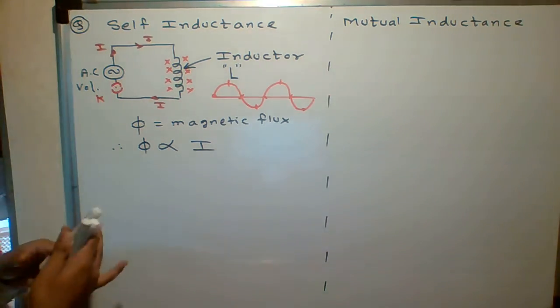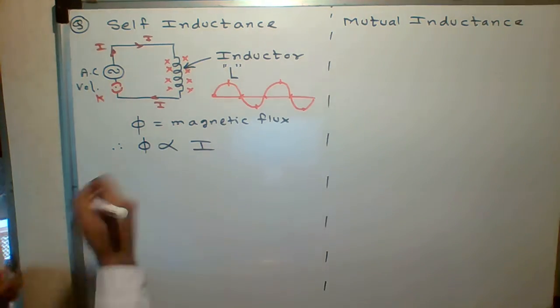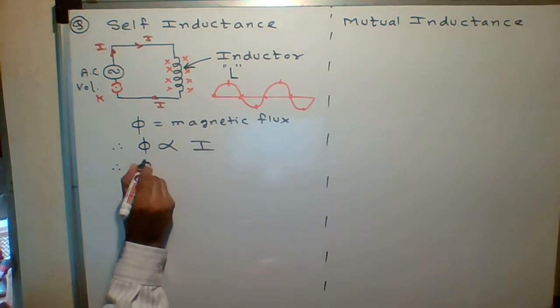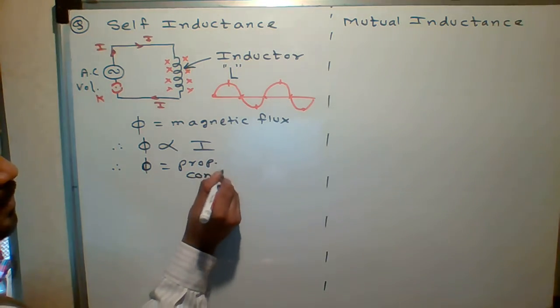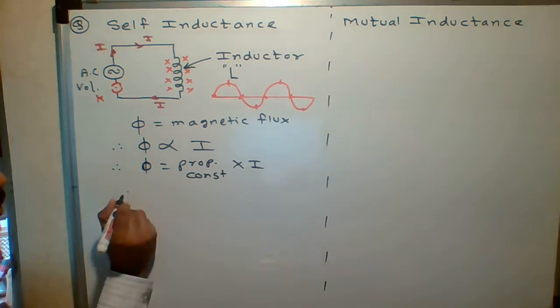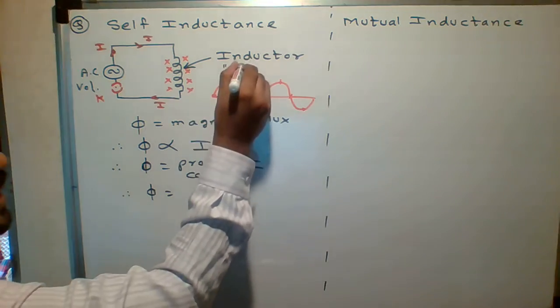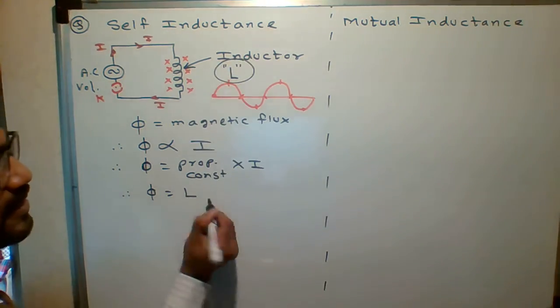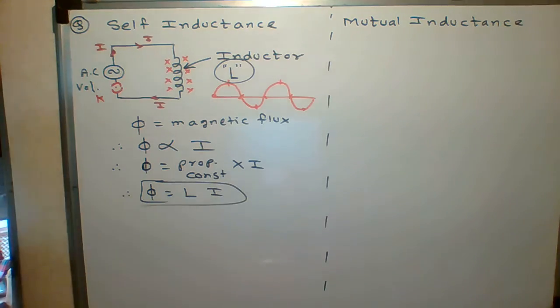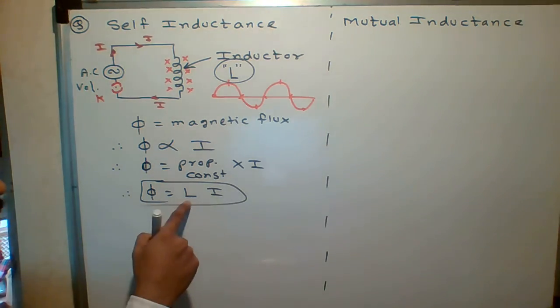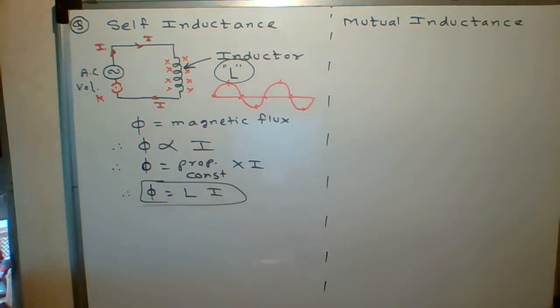If there is direct proportionality, then definitely a proportionality constant will come, multiplied by current, and that proportionality constant is called the inductance of that particular coil. Remember this: phi is equal to L times I.